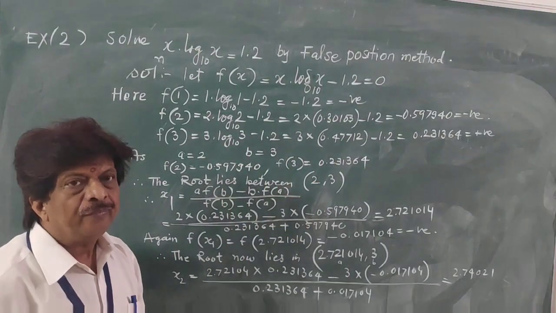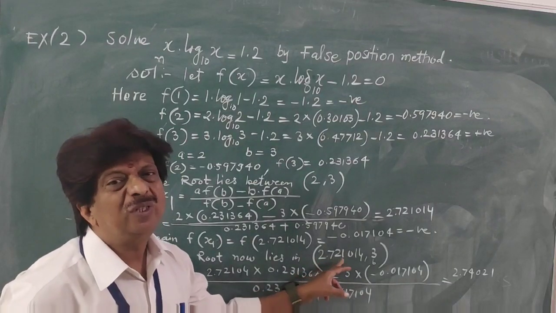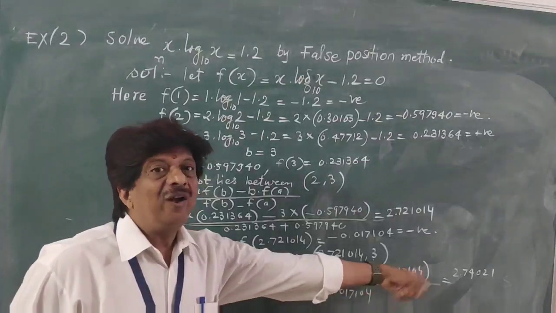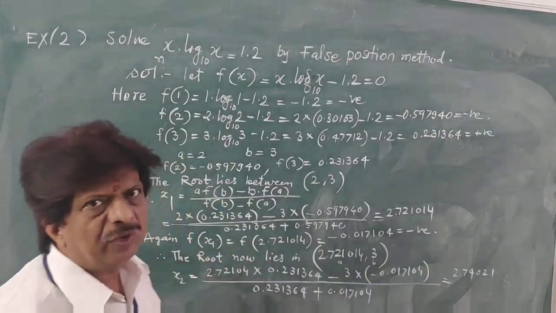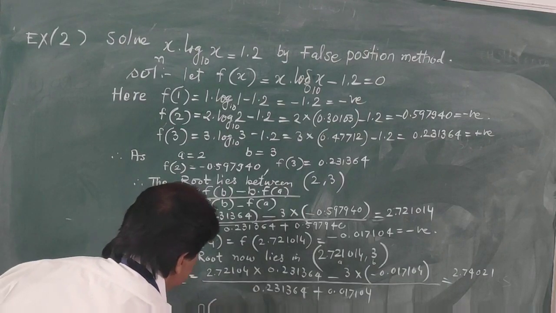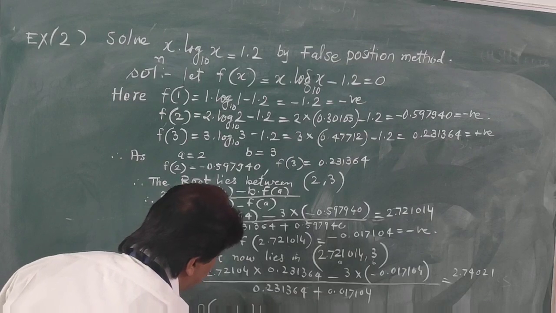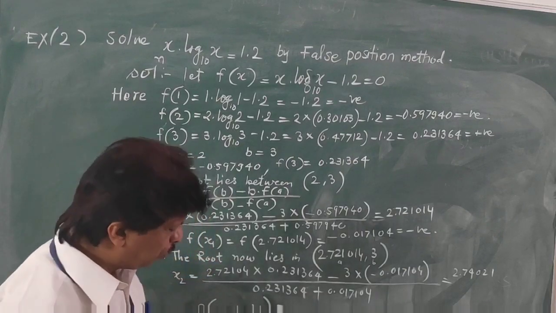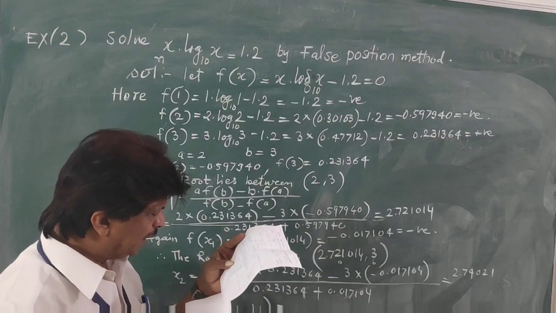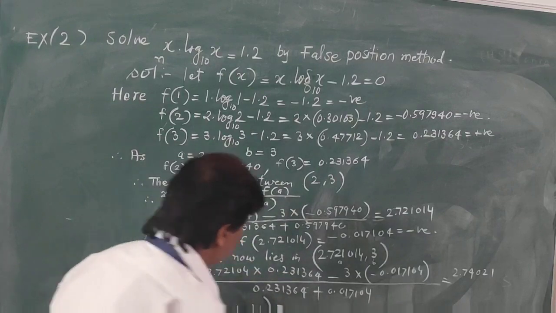x1 was 2.7210, x2 is 2.74021. Now again find the f value of 2.74021. f of 2.74021 is minus 0.00038904.